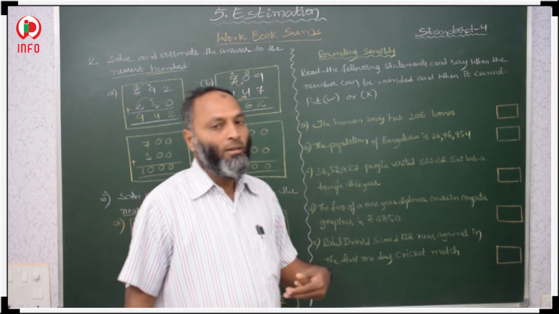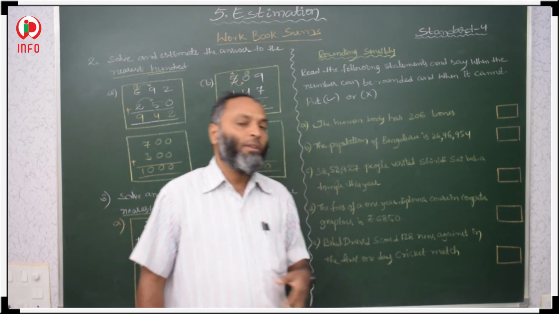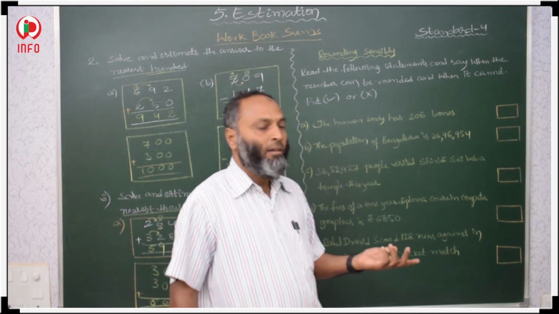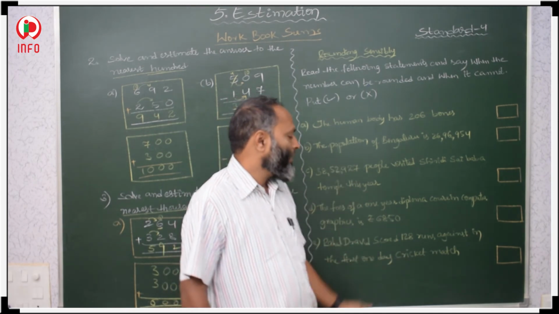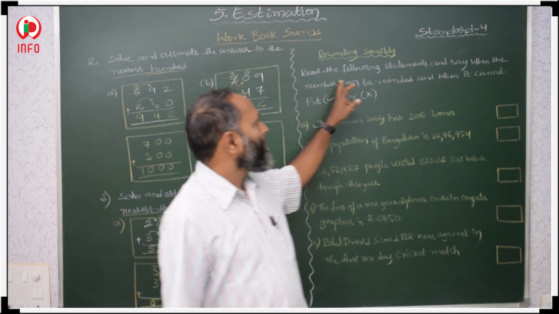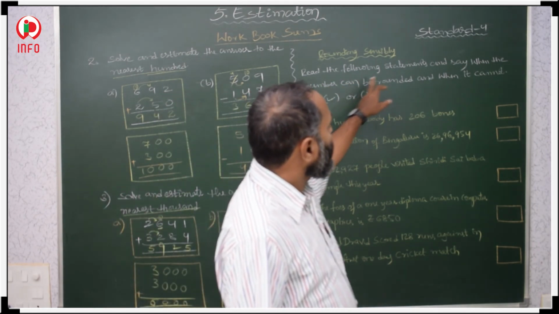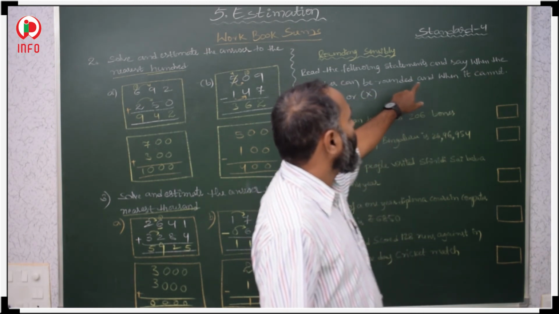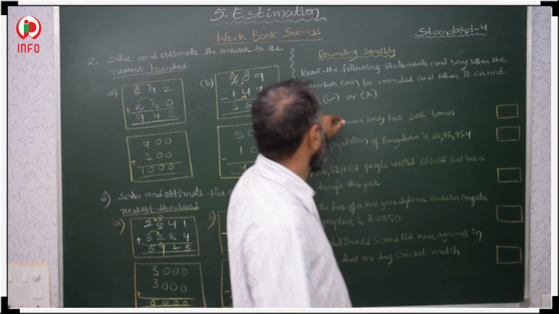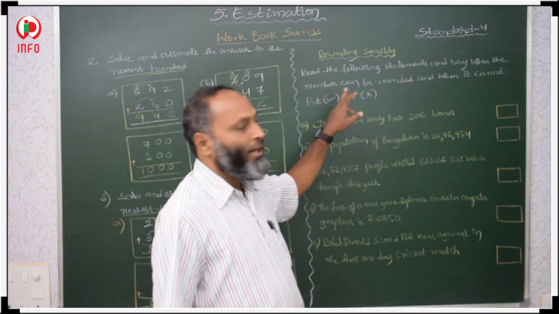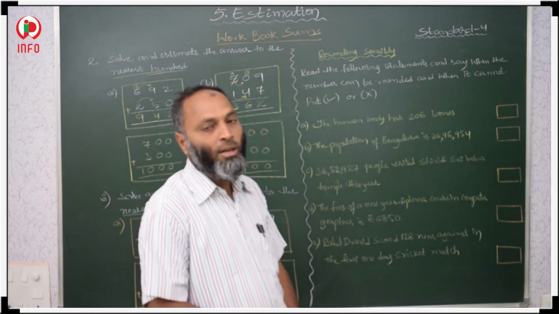What kind of number can we not round, and what kind of number can we round? A few questions are given. Say when the number can be rounded and when it can't. If it can be rounded, put a tick mark, and if it is not, then make a cross mark.